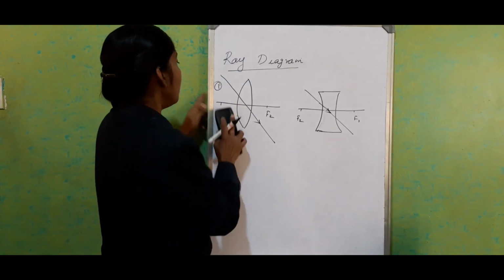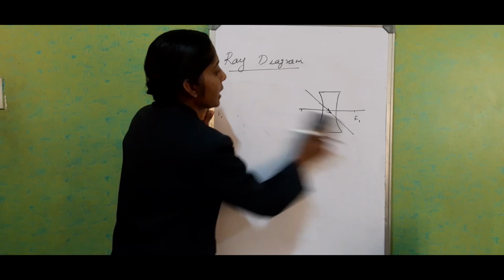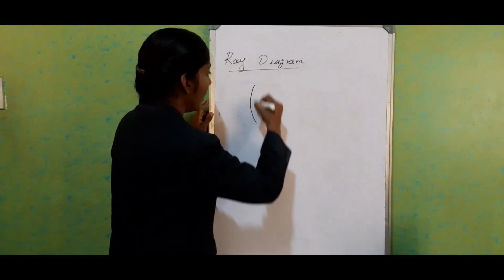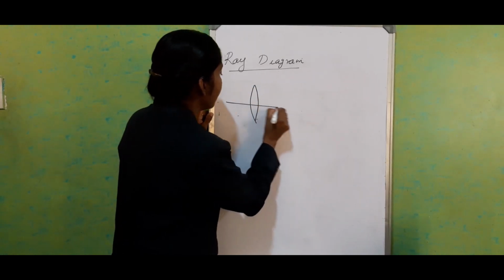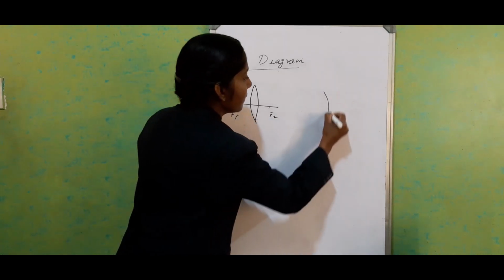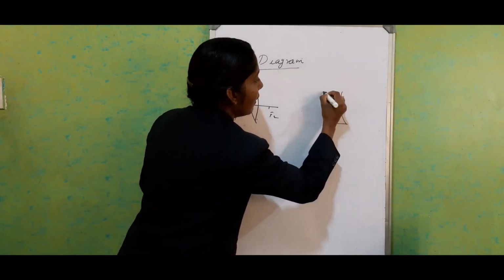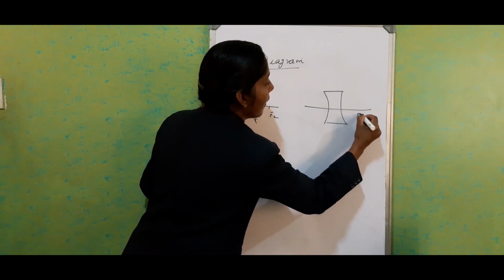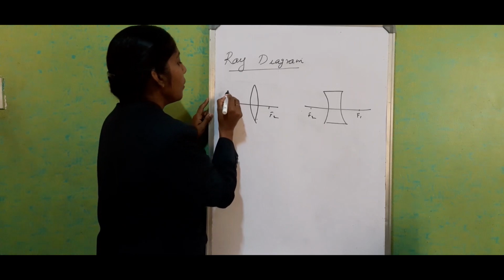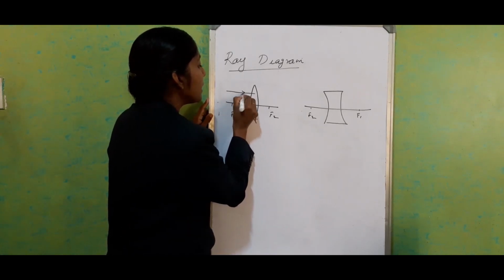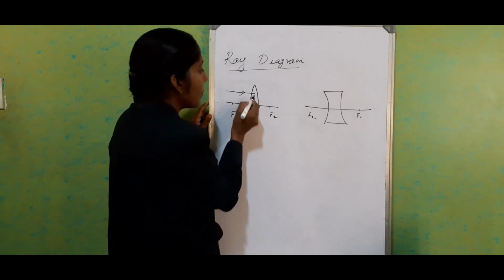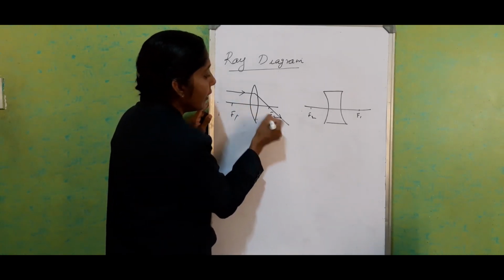Now the second ray, which is parallel to the principal axis. Here F2, F1 for convex, and for concave, F1 and here F2. We know that the ray which is parallel to the principal axis, for convex lens, after refraction passes through the second focus.